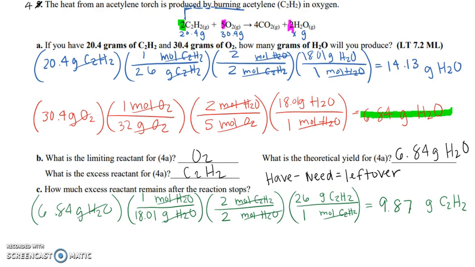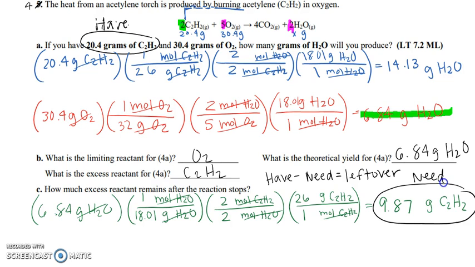Now let's label what we have and what we need. This is going to make it a little bit easier to understand. This value that you start with, this is what you have, right? What you're given, what you start with. This value that you just calculated is what you need. You need 9.87 grams of C2H2 in order to make 6.84 grams of water.